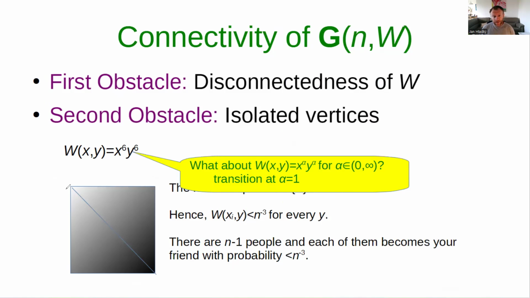And as a matter of fact, below this threshold, the graph remains asymptotically almost surely connected, and above it, isolated vertices begin to emerge. Okay. So observe that x to the alpha times y to the alpha, such a family of graphons, does contain values arbitrarily close to 0. So it's not about the presence of very small values. It's more about how many such small values there are.